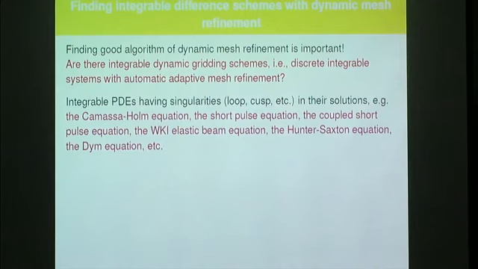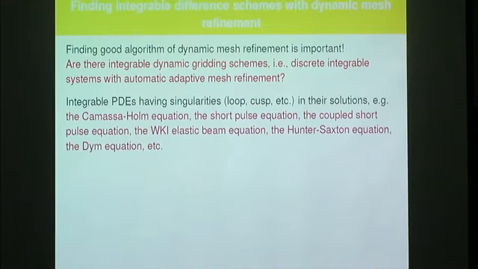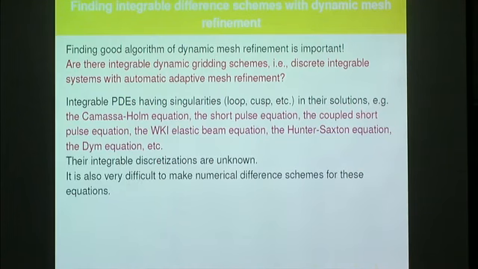So probably these give some good examples for making a discrete integrable system with self-adaptive moving property. Before we did these integrable systems, there was no integrable discrete scheme. So that's why we tried to make numerical difference schemes for these equations.